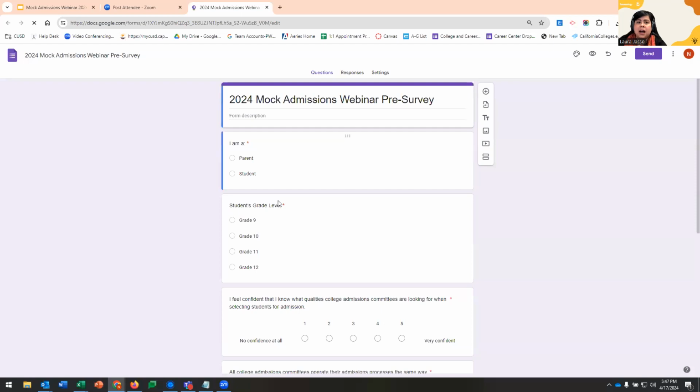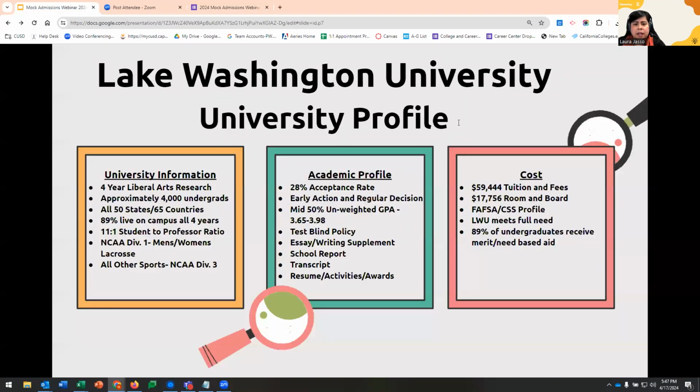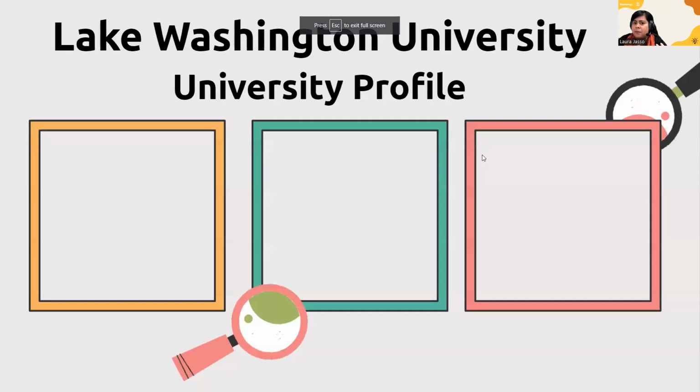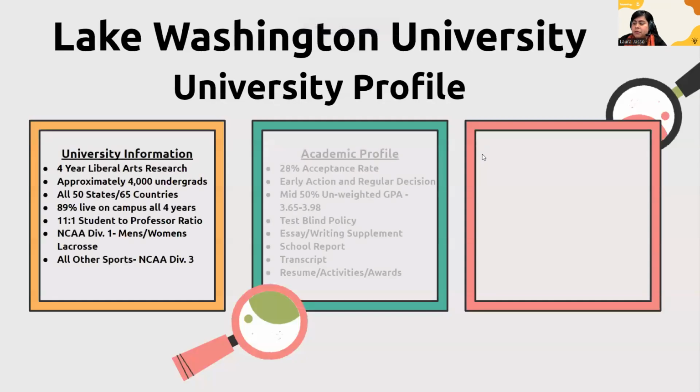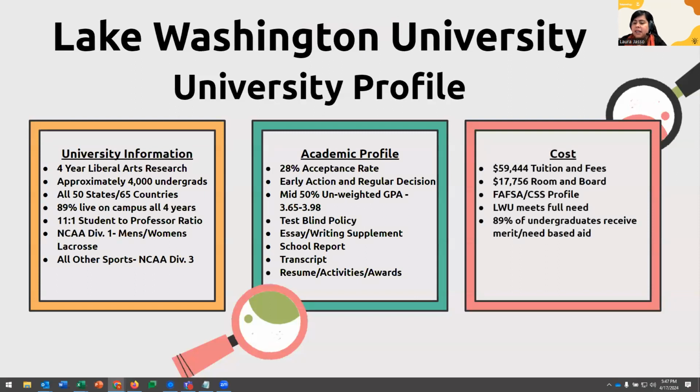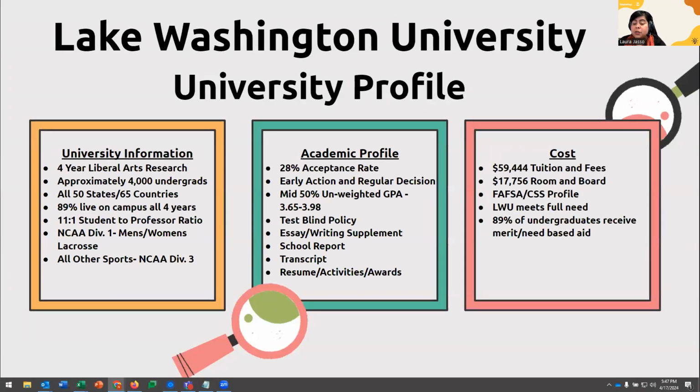Students will also need to file their FAFSA so that they can see how much they will actually have to pay to attend Lake Washington. And 89% of their students have their needs met. So that's pretty good.